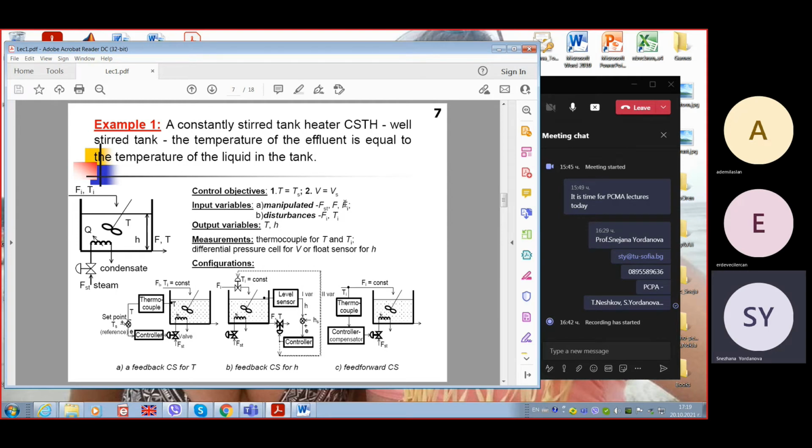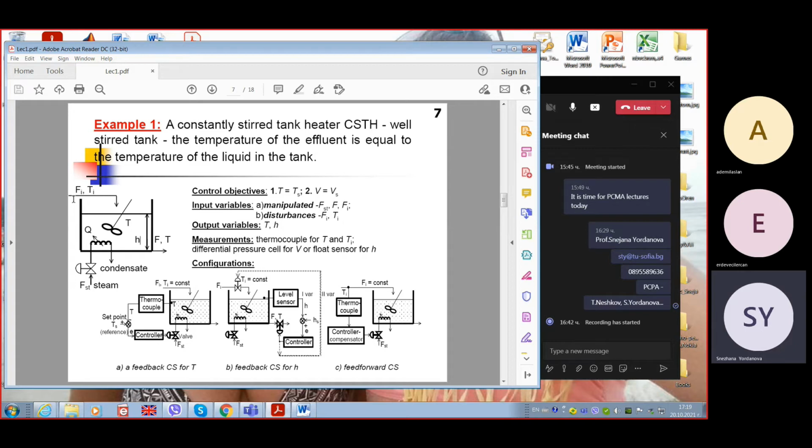If we select the proper two manipulated variables to influence the two outputs so that they keep constant values despite any disturbances, then the rest can be considered disturbances.